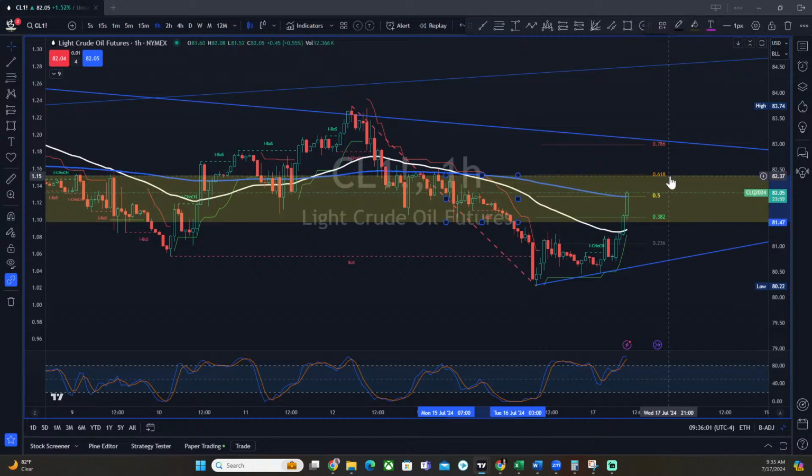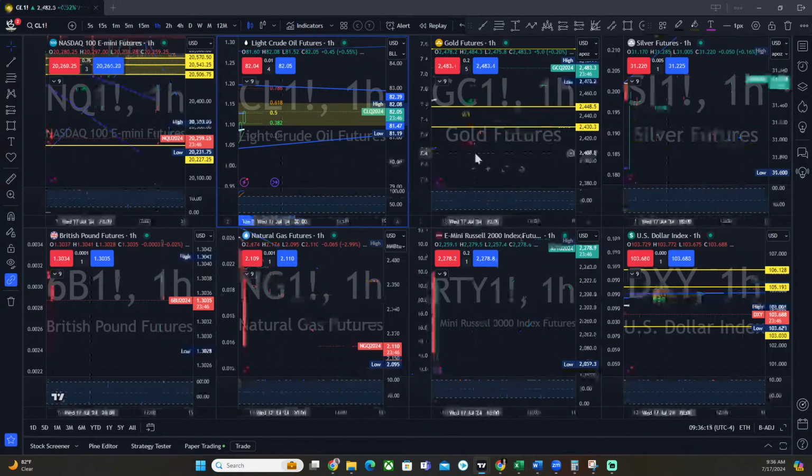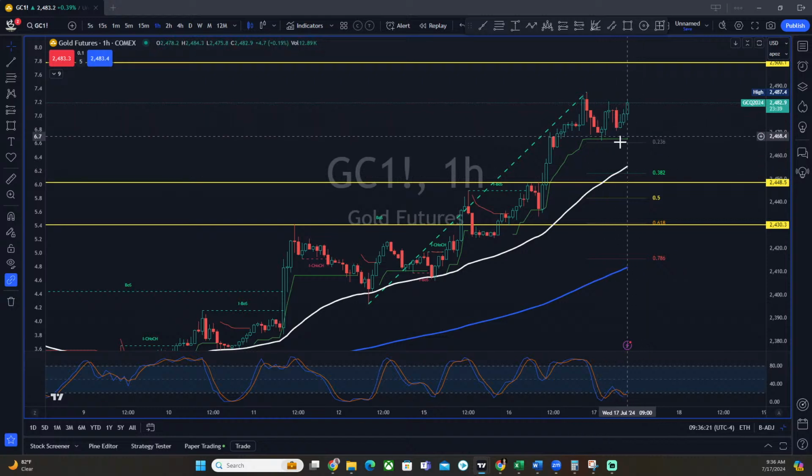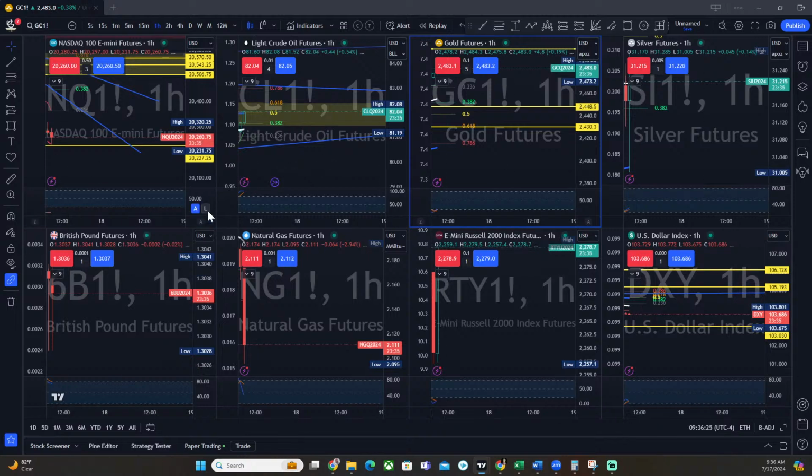I will be bullish on oil as we start to get through 82.38, somewhere around there. That would be a nice little spot. We'll see. Gold looks like it's putting like a little W right here. Could this be the consolidation before it breaks out to get to that upside? We'll get there.